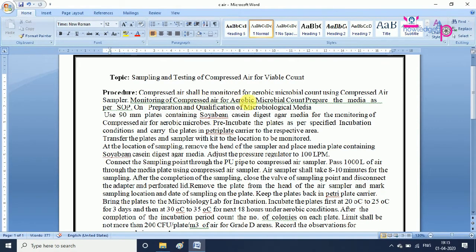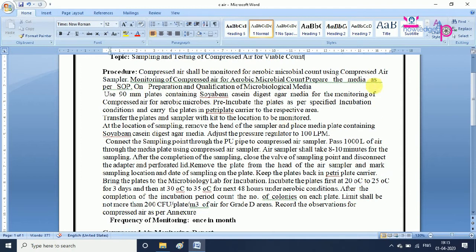Compressed air shall be monitored for aerobic microbial count using the compressed air sampler. Prepare the media as per the SOP. Wherever the SOP is given, we have to prepare the media for aerobic microbial count as per that SOP.